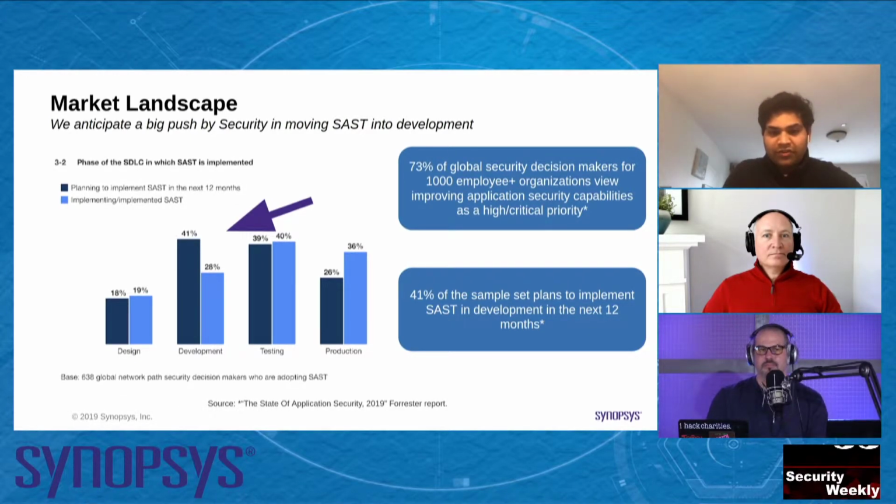So, a survey that Forrester did in their most recent 2019 report: 73% of global security decision makers for bigger organizations, 1,000 employees plus, want to improve their security processes, and then 41% from that sample set want to move their security into development. So we see this as a big macro trend that's emerging within the market.